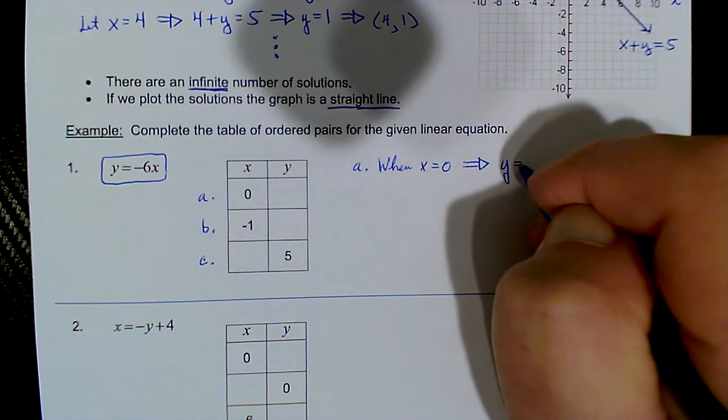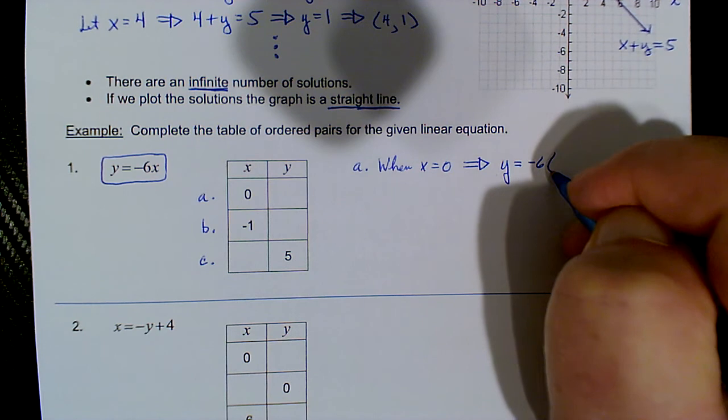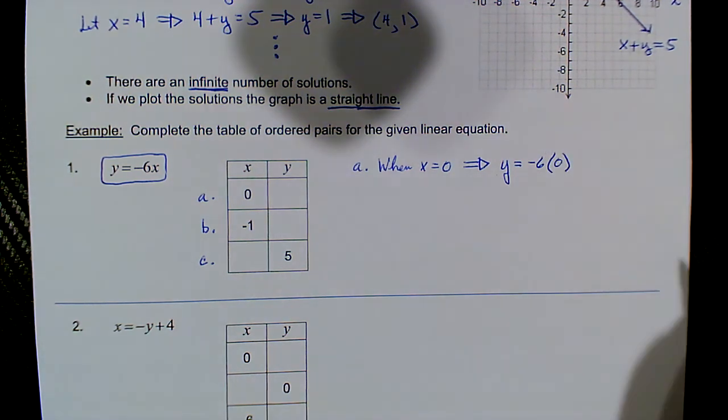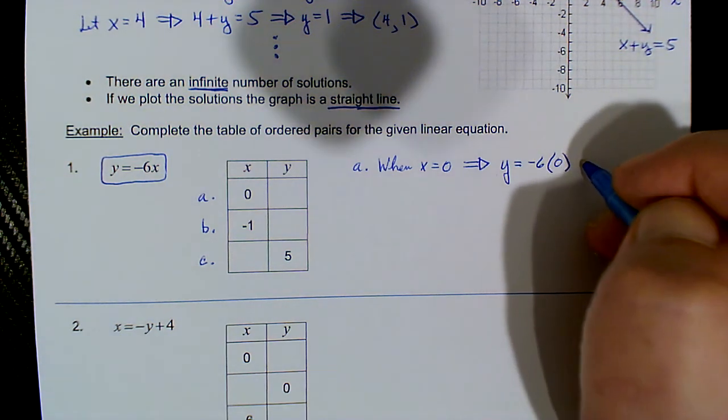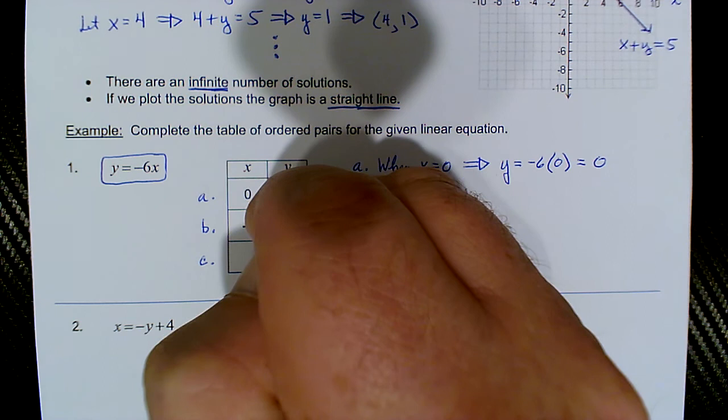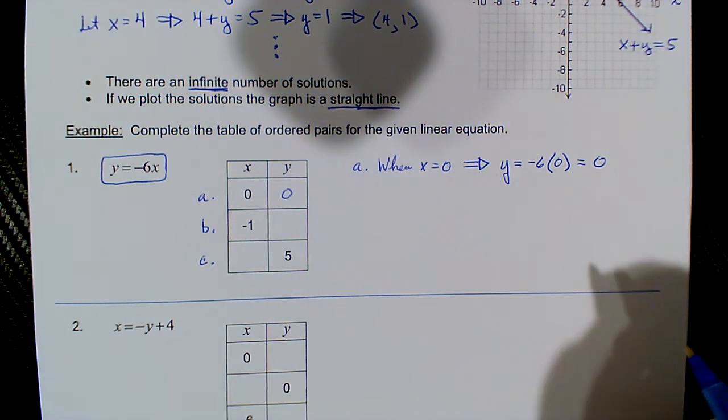When x is 0, we're replacing x by 0, so substituting, we'll put parentheses or the multiplication symbol, because it's understood between the negative 6 and the 0 that it is multiplication. And so when x is 0, y is negative 6 times 0, or 0. So we could fill in that part of the table.